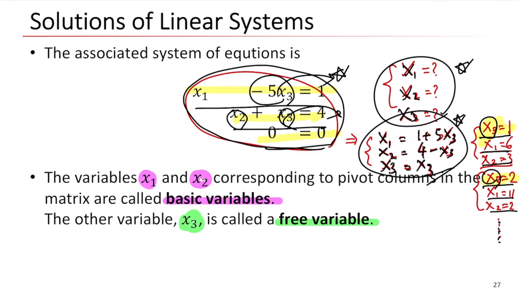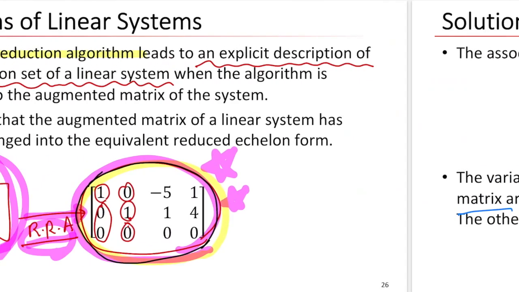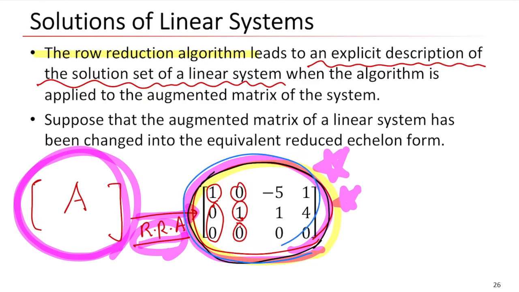Okay, so there is a definition. In this case, the variables x1, x2 correspond to the pivot columns in the matrix. What was the pivot column? Here and here, right? Because each column corresponds to x1, x2, x3.